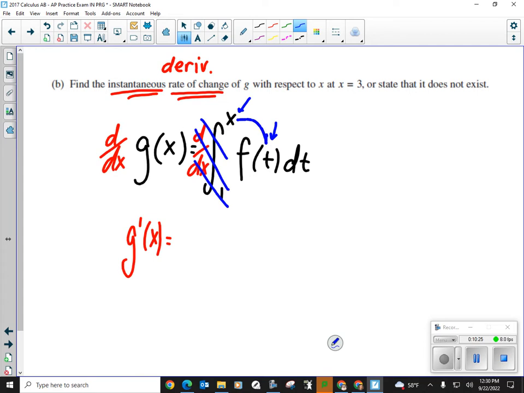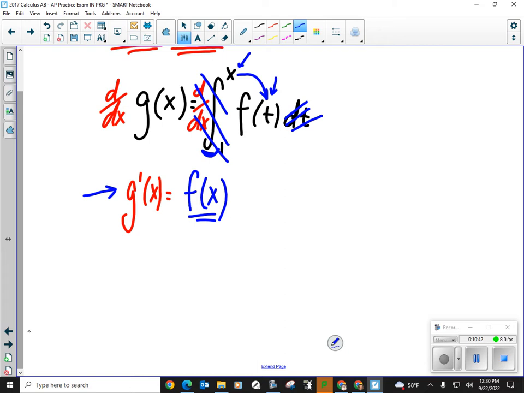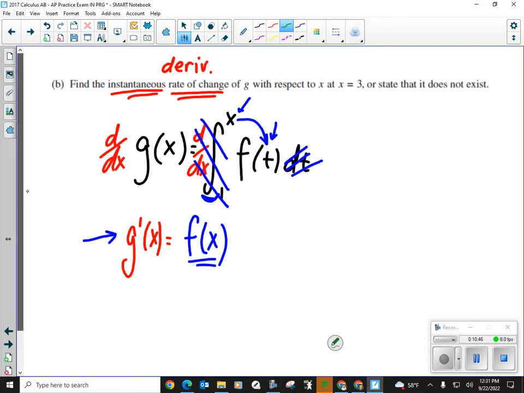This x goes in for the t. When the integral goes away, so does the dummy variable. So it's really f of x. The equation for g prime of x is just f of x. That might come back later. They like to layer things. So now let's go back up here. We want this at x equals 3.